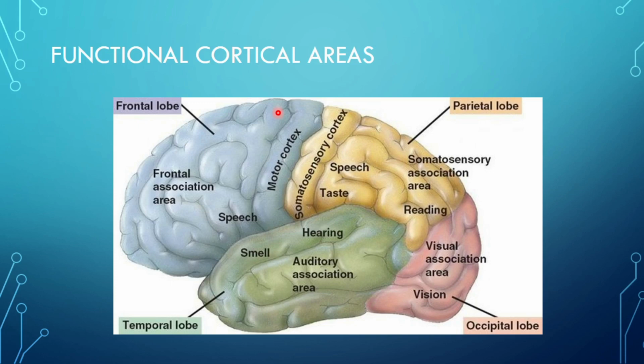The cerebrum is split into 4 functional lobes. We have the frontal lobe, which is the biggest lobe, and as its name suggests, it is right at the front. And this runs all the way back to a little sulcus that we call the central sulcus.